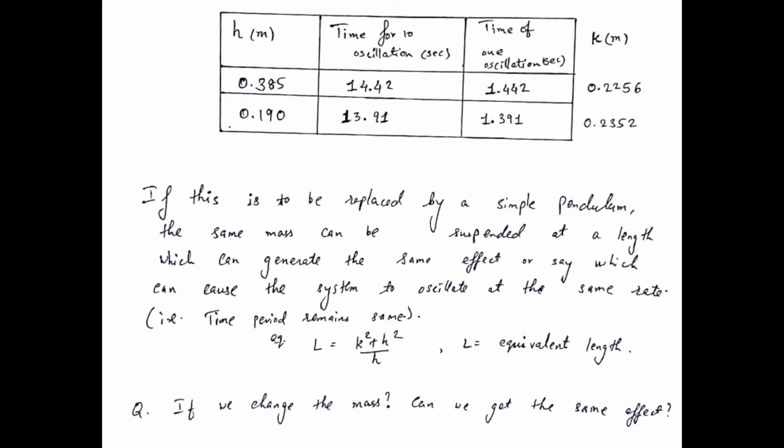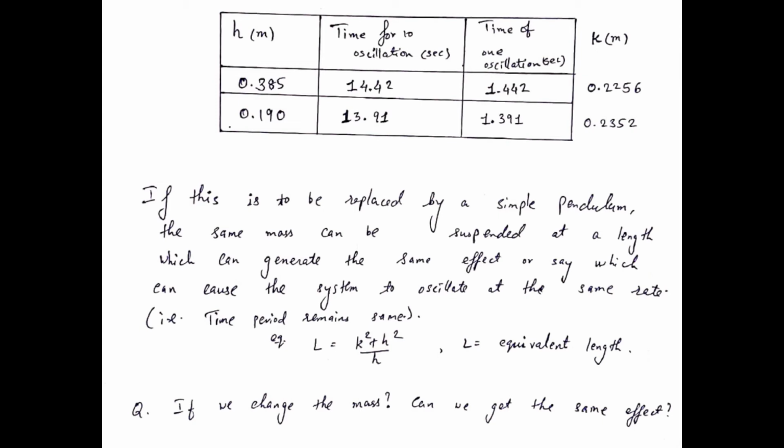In the experiment, when h was kept as 0.385 meters, the time period obtained for 10 oscillations was 14.42 seconds. So the time period for one oscillation is 1.442 seconds. We can plug in all the details in the above equation, that is 2 pi root h square plus k square by gh, and we can get the value of k, that is the radius of gyration.